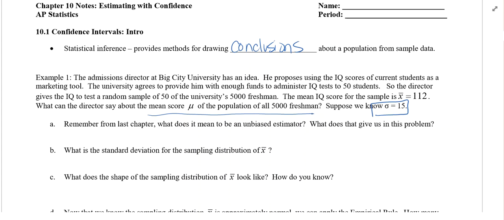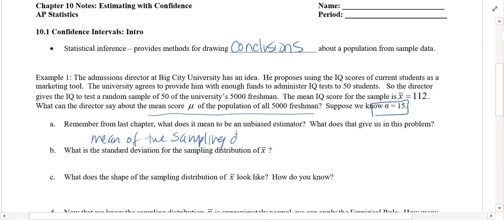Okay, so remember from last chapter, what does it mean to be an unbiased estimator? What does that give us in this problem? The definition of an unbiased estimator is that the mean of the sampling distribution of x bar, where is that going to be?